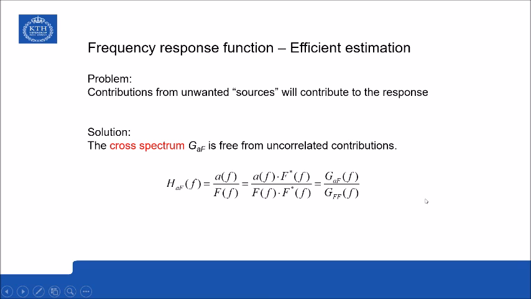And it will turn out then that when you estimate the cross spectrum average from this ensemble averaging procedure that we showed earlier, then as the number of time segments go to infinity, the contribution from the uncorrelated components between the response and excitation will go to zero.